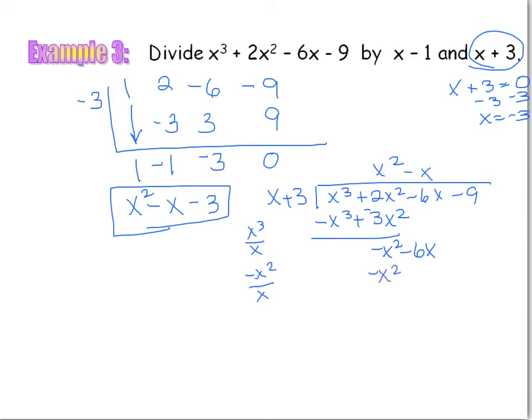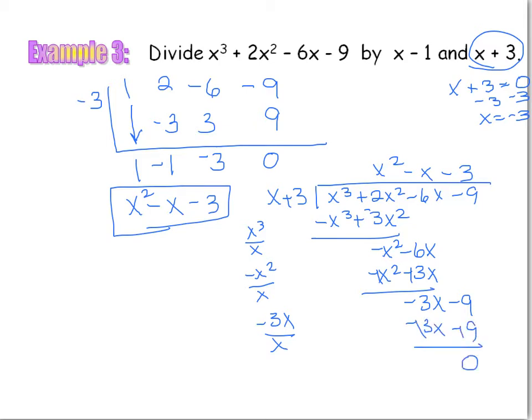Multiply. Subtract. Okay, do the next term, multiply, subtract. So you have 0 remainder just like I did before, and see how they match? Pretty cool, but the synthetic division is way, way easier. At least a lot less work.